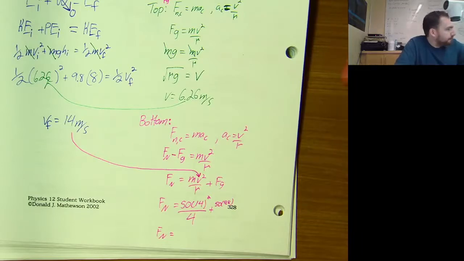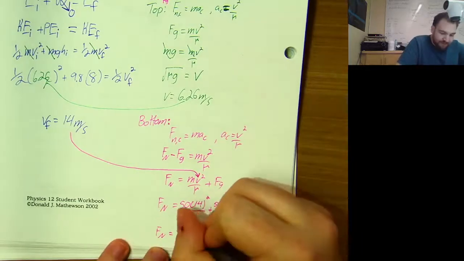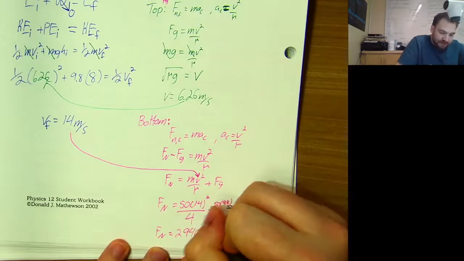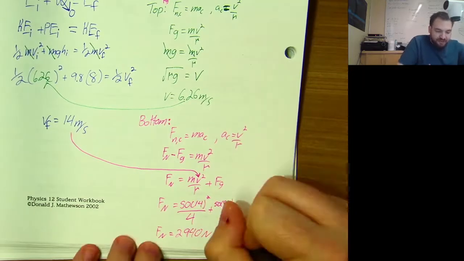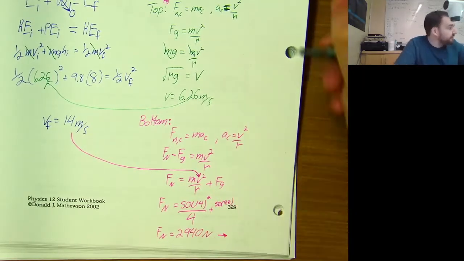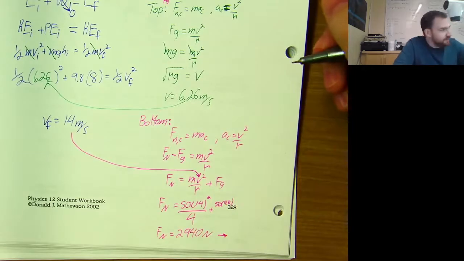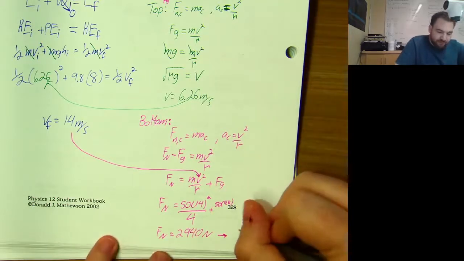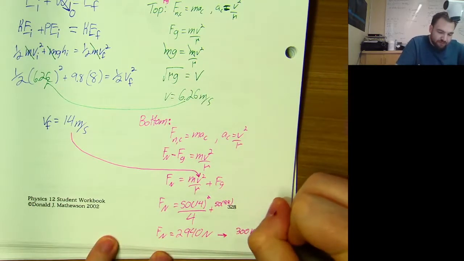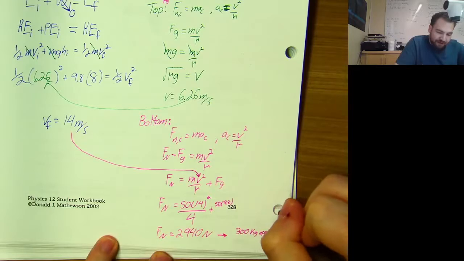Thank you, Abigail. 2,940 newtons. Let's convert that to a mass in kilograms. How do I go to kilograms with this? Divided by 9.8, 300 kilos. And I'm going to call that apparent mass.